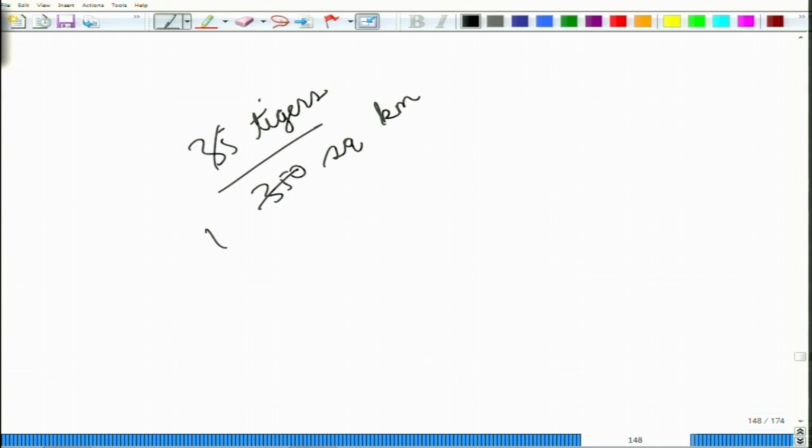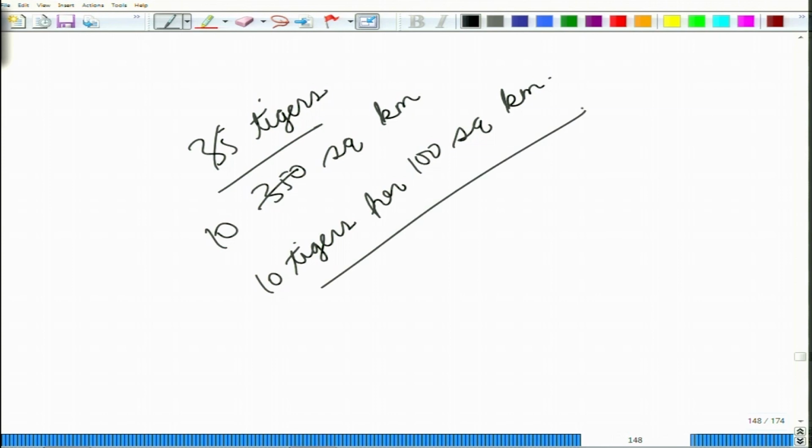So, that would mean 1 tiger every 10 square kilometers or 10 tigers per 100 square kilometers. Now, when we put the numbers in terms of per unit area, per hectare or per square kilometer or per 100 square kilometer, what we are referring to is the population density.